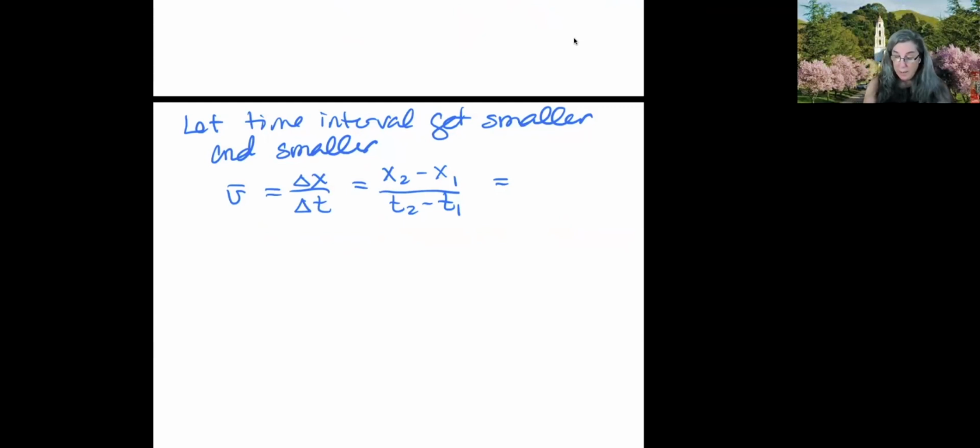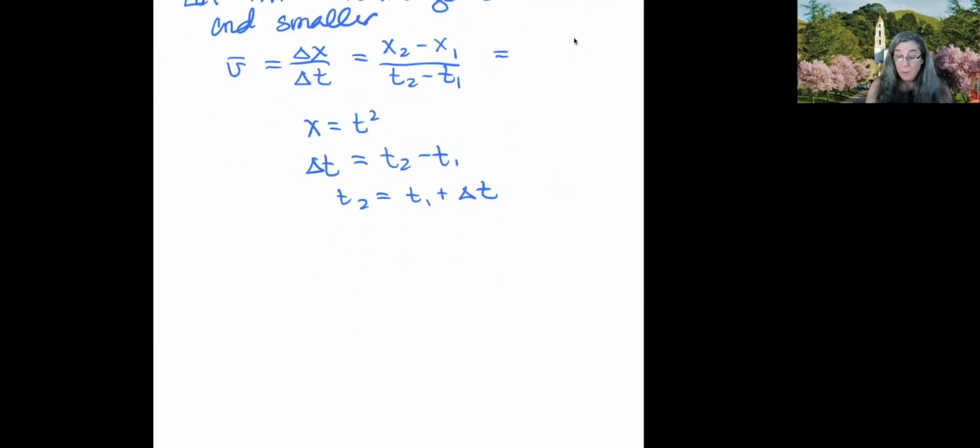Each of those x's I can calculate using the equation x equals t squared. By pulling off that bottom row, I'm saying that delta t equals t2 minus t1. I could rewrite that to solve for t2 equals t1 plus delta t. I'm basically just adding the t1 onto the other side and writing it in a different order.